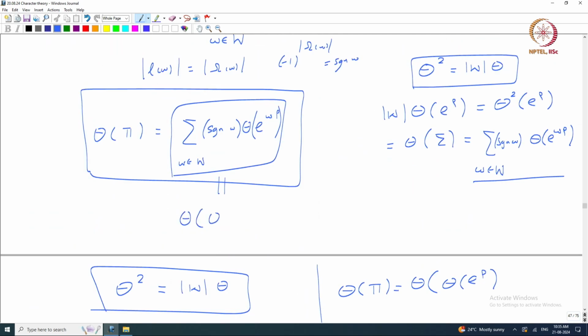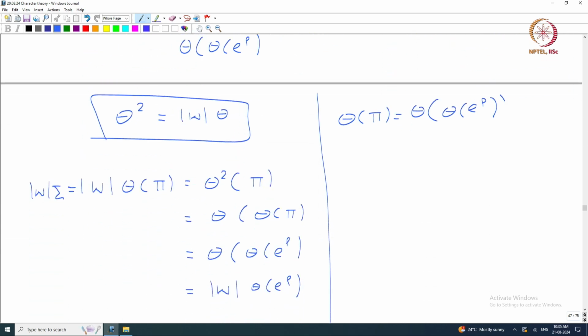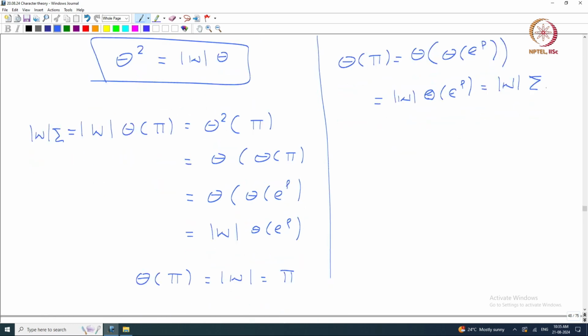Because theta of W rho again will give you this. So, this is exactly equal to the cardinality of W, e power theta of e power rho, which is the same as the cardinality of W sigma. This is something you can straight away prove, not a problem.